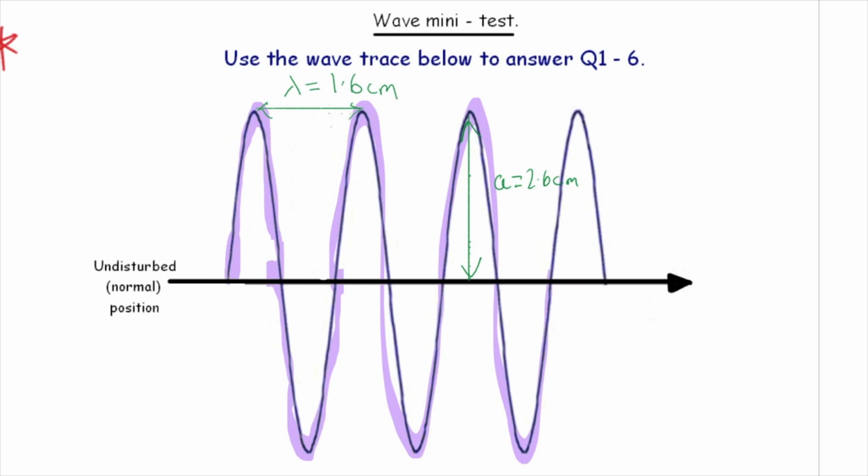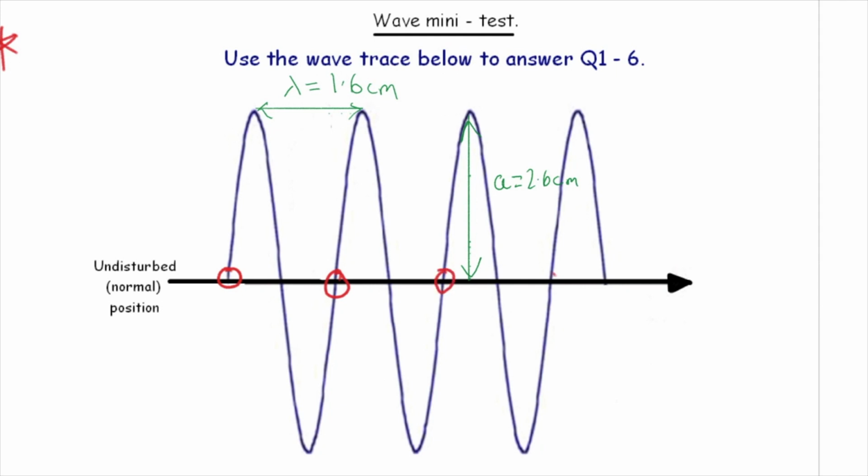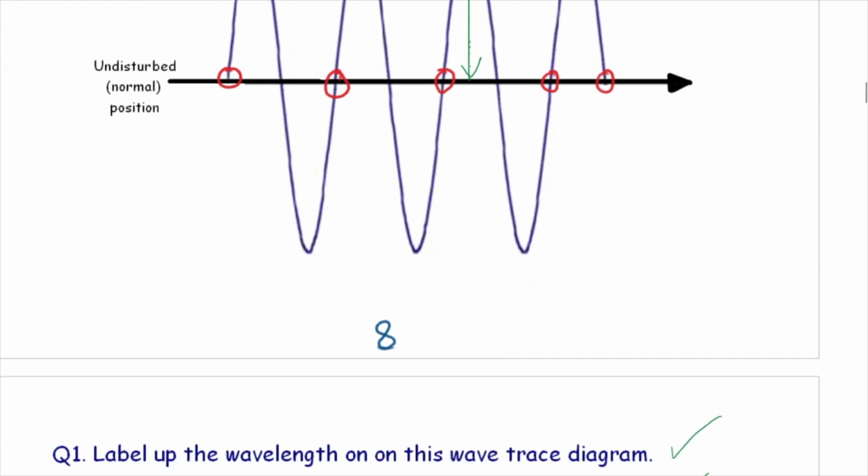Now you haven't got to highlight it as I just done there. You could do it another way. If you spot that that's the start of one, that's the start of the next one, so that's 1 wave. Oh, again I've made a mistake. Look. 1, 2, 3, 3.5. 3.5 waves.